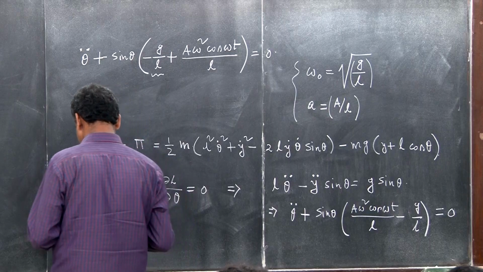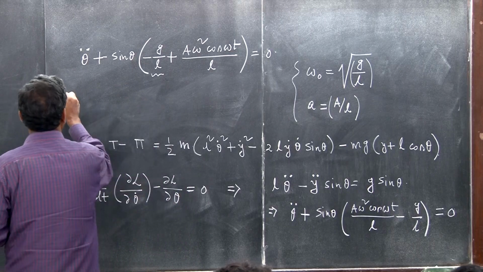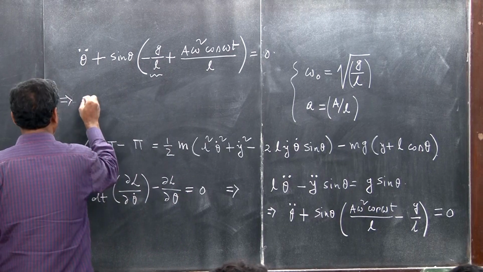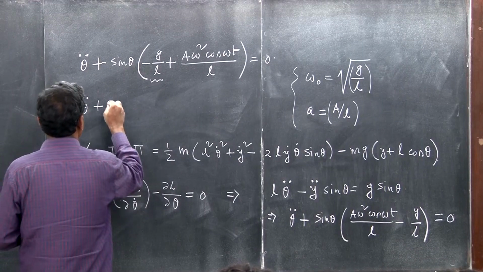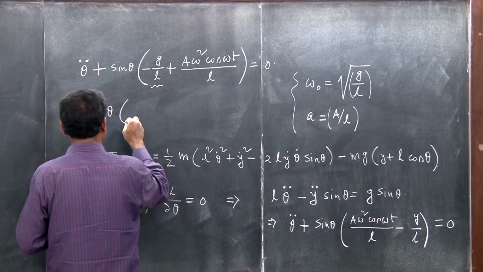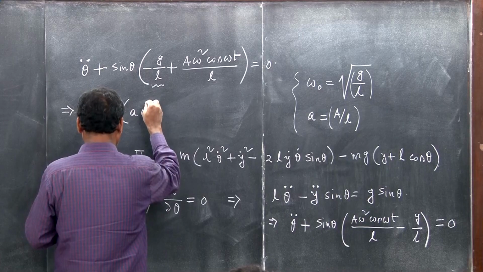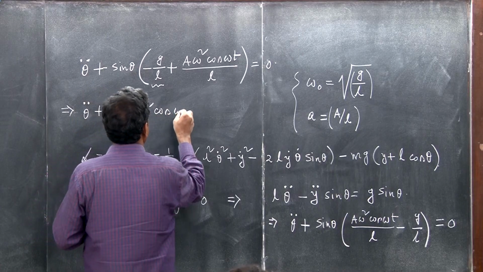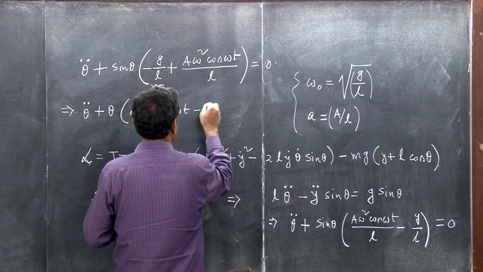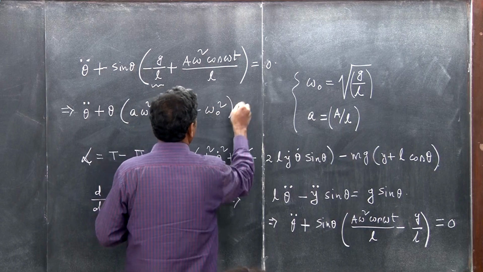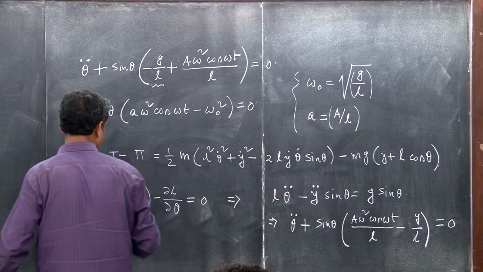Then this equation simplifies to theta double dot plus theta times a omega square cosine omega t minus omega 0 square equal to 0. So this is the ultimate equation.